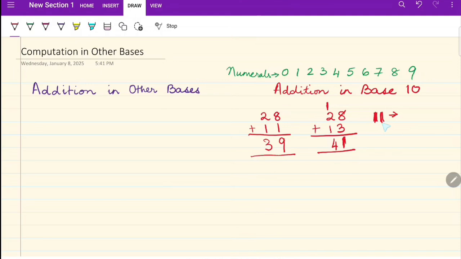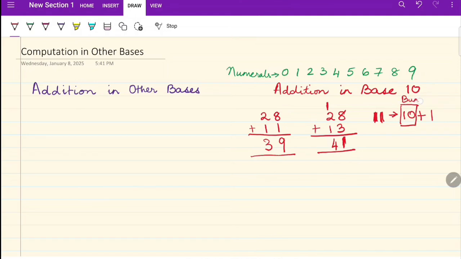All right. So if we have 11 after this addition of the units column, think of it as 11 being written as 10 plus 1. All right, 11 is 10 plus 1. And in the base 10 system, we think of this 10 as one bundle of 10.